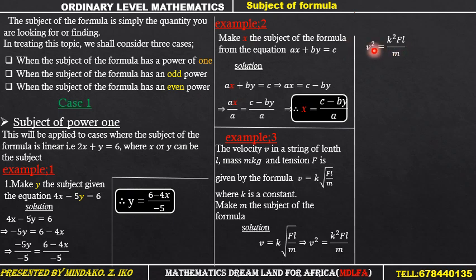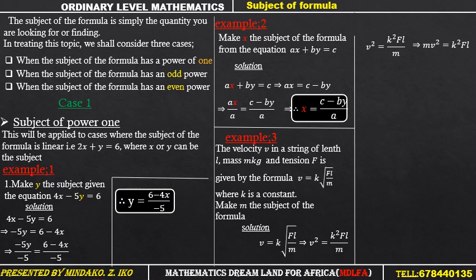This m will multiply with v squared, and k will be multiplied by 1. That is, this v squared is like saying v squared divided by 1 equal to k squared fl divided by m. So if we cross multiply, this m will meet v squared this way. And if that happens, we are going to have that mv squared equals k squared fl.